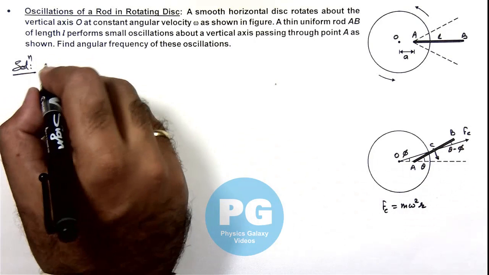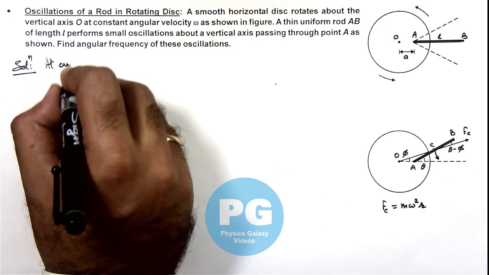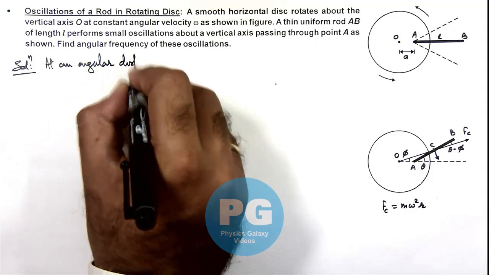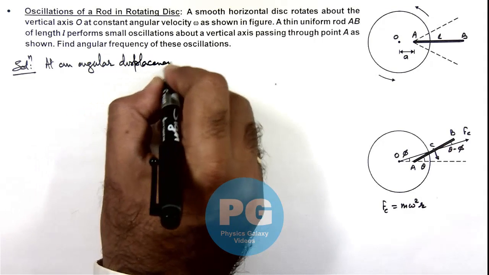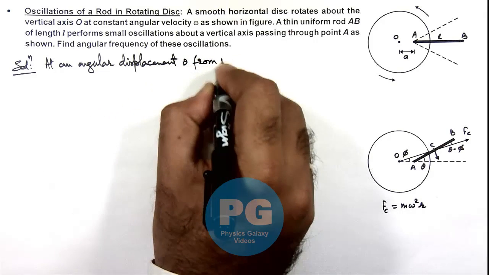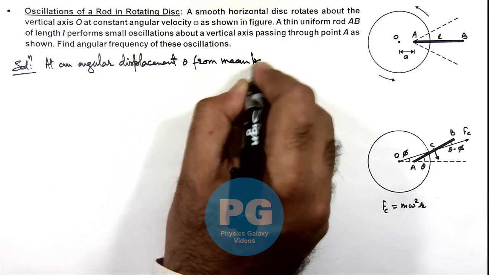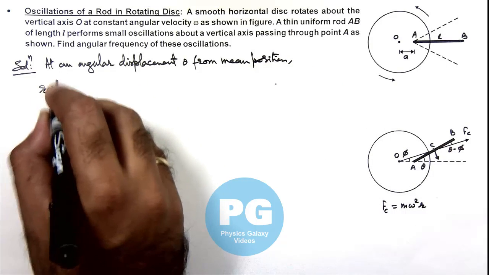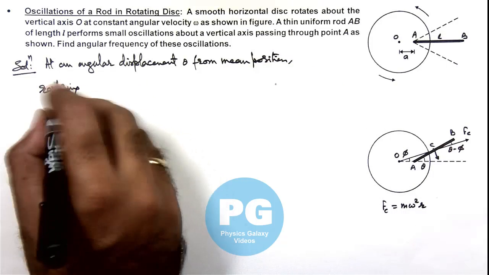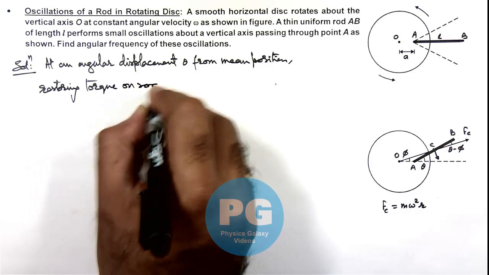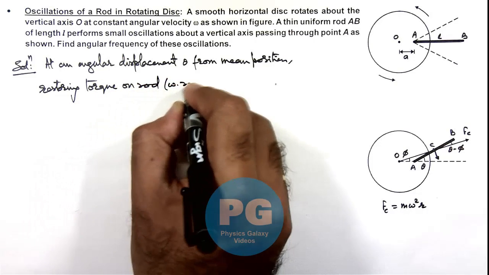So here we can write at an angular displacement theta from mean position a restoring torque on rod, here you can consider it with respect to disk.